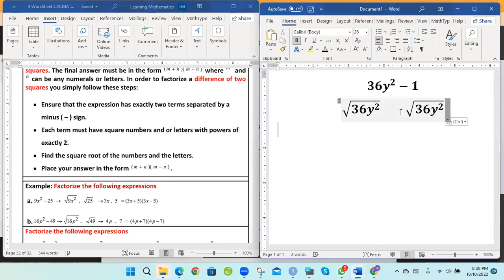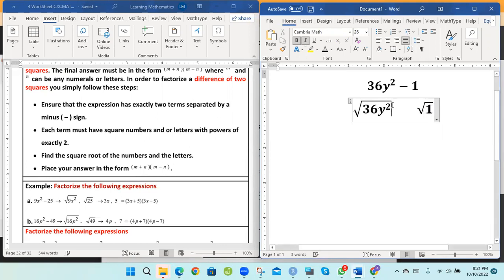And the square root of 1. The square root of 36 is 6. The square root of y squared is y. The square root of 1 is 1.